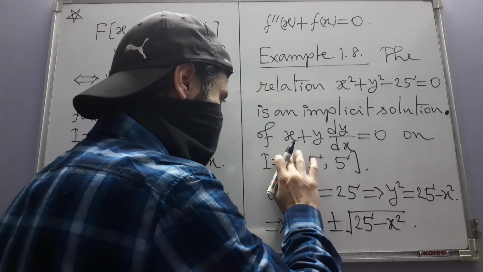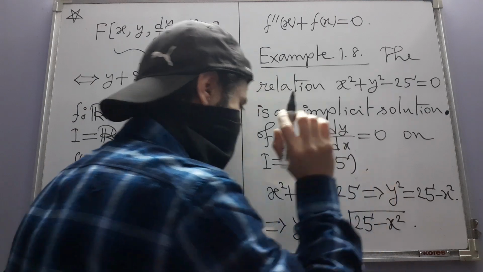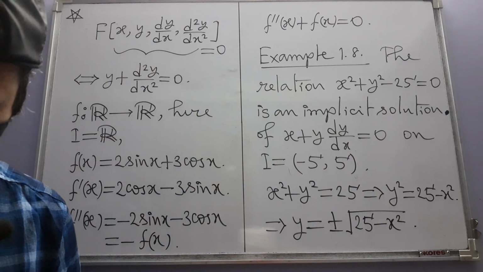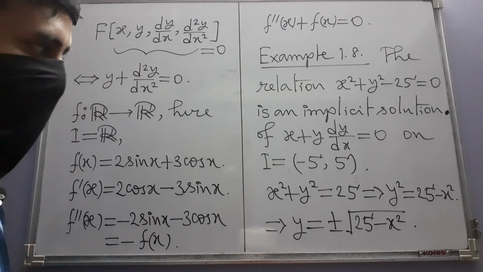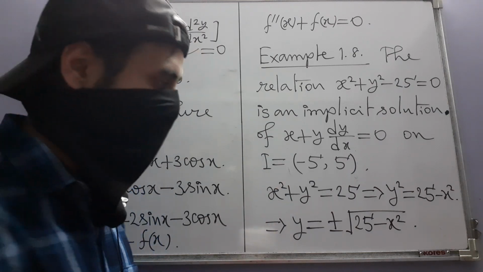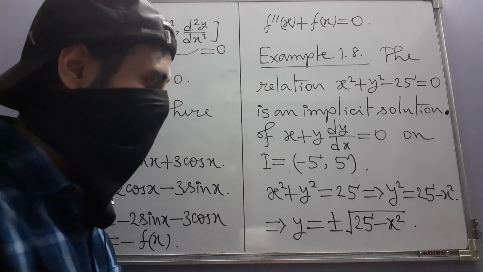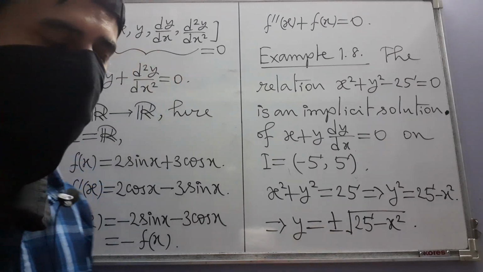But for some reason we have to choose an open interval, and that reason will now become clear. The reason is that at the boundary points, if we include minus 5 and 5, the derivative does not exist. You cannot differentiate any of these two functions.